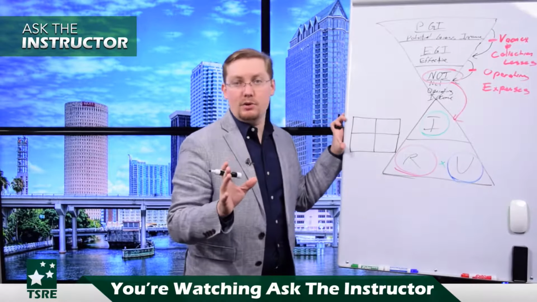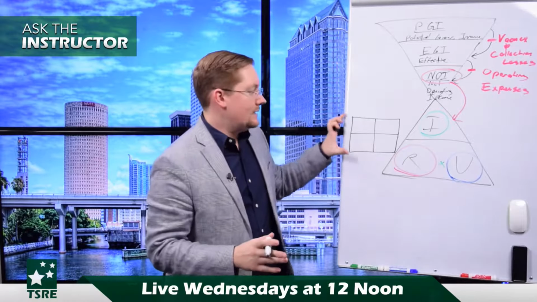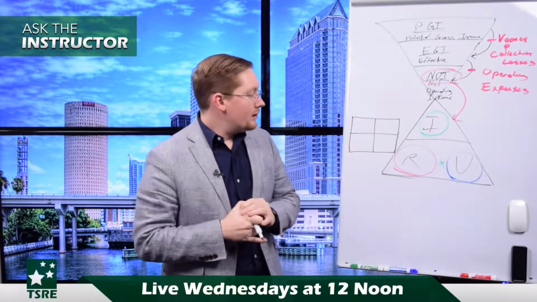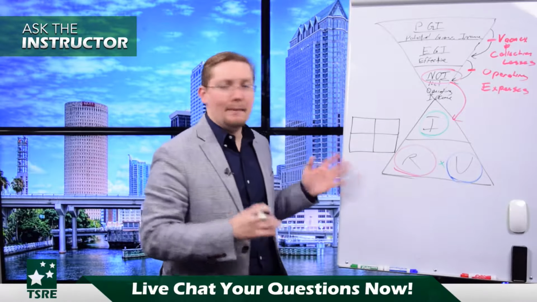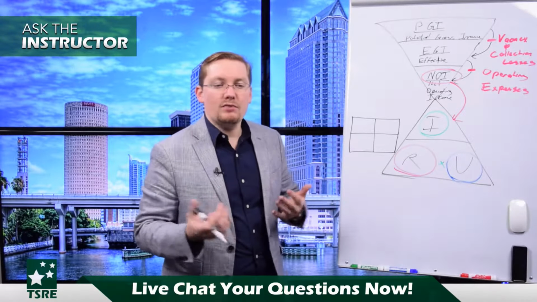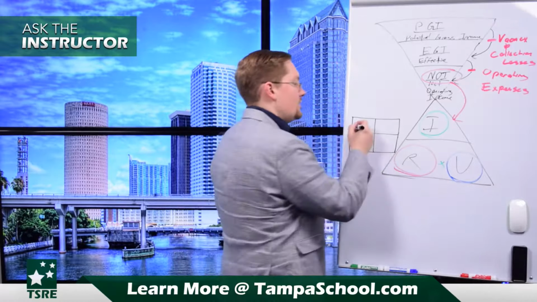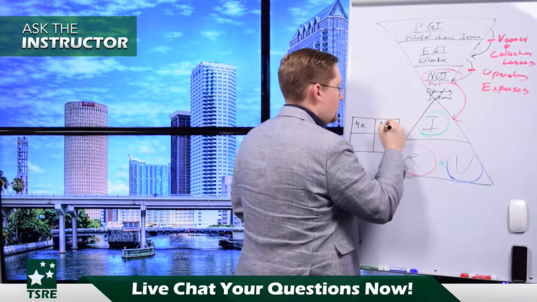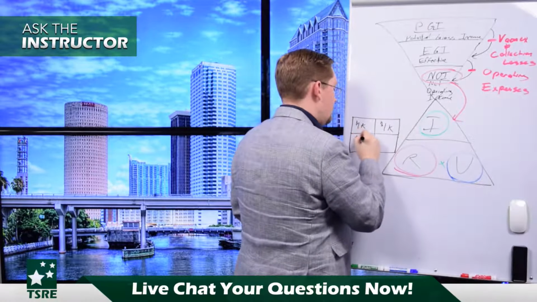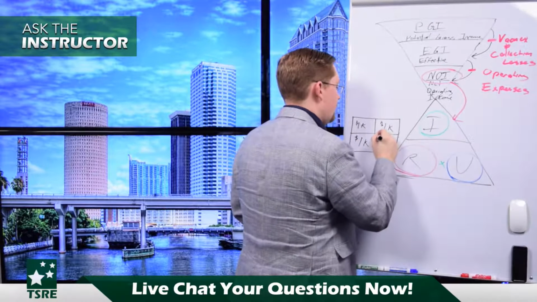So let's go back to this 4-unit property that we're listing. Let's say we're looking at the market and saying, okay, based on the other similar properties in the market, we could rent this out for maybe about $1,000 a unit a month. So $1,000 per unit per month.